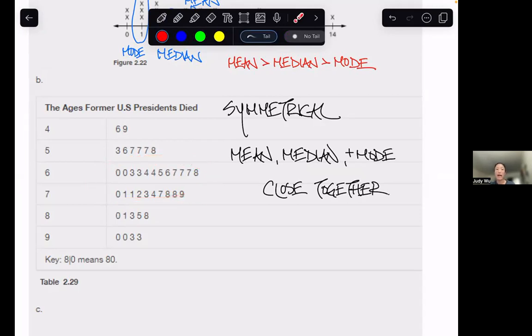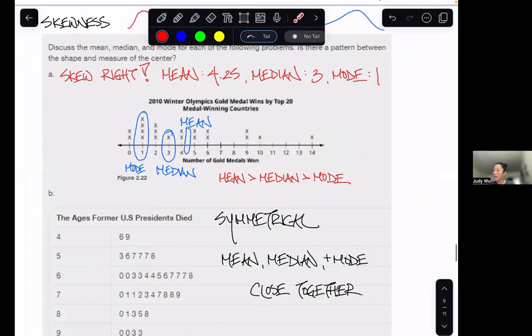We don't have any weird outliers in the sense that we don't have a former US president yet who maybe is like 120 years old, right? If we had someone that was 120 years old, then that would be sort of like this skew right in the Winter Olympics because now we have this outlier all the way on the right, okay?